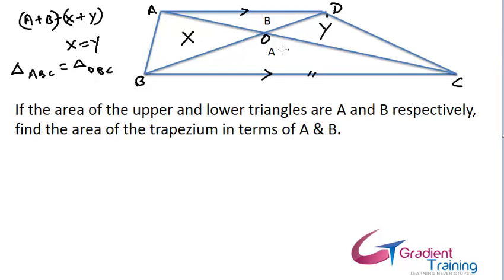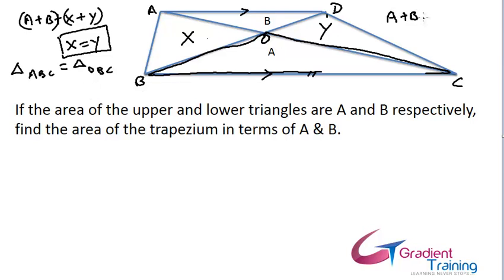So that makes these two triangles area equal, and in these two triangles, triangle OBC is the common part. Triangle OBC is common, and if we remove it, we'll have this area equals to this area, that is X will be equal to Y. So now we have simplified our problem and we have to find A plus B plus 2X because this is also X.